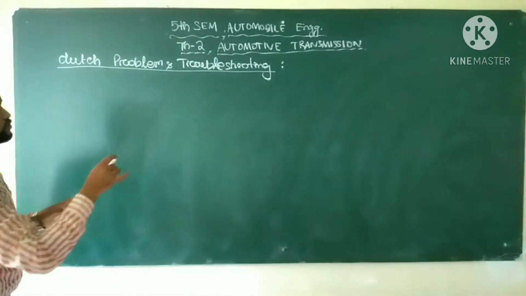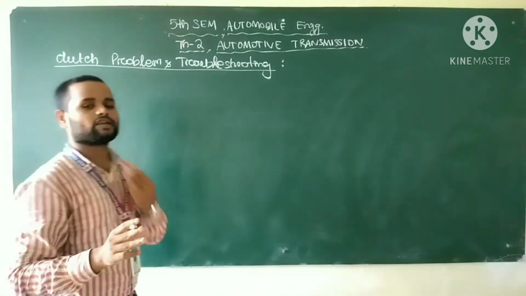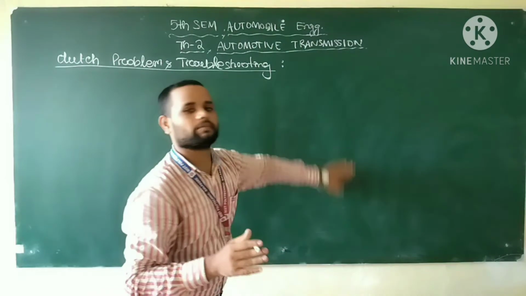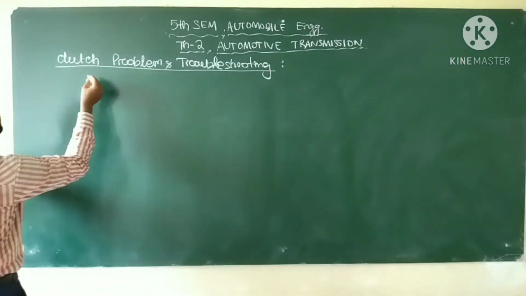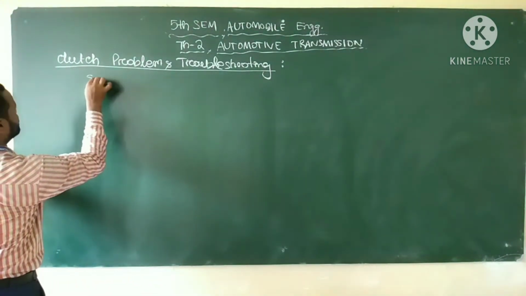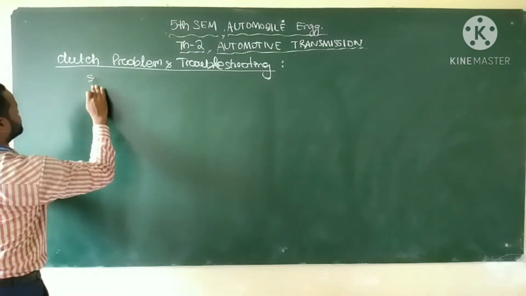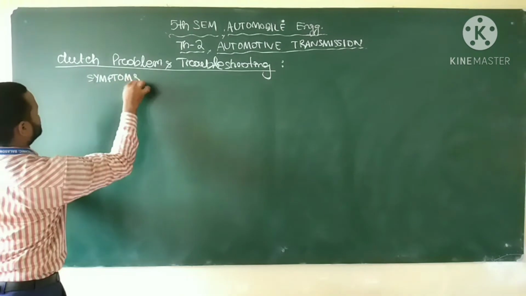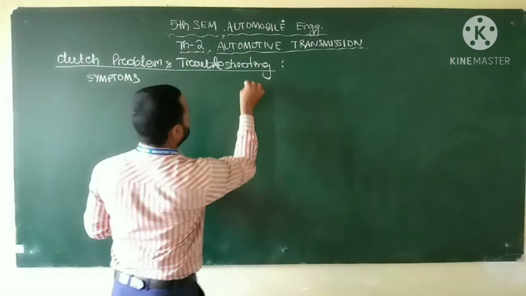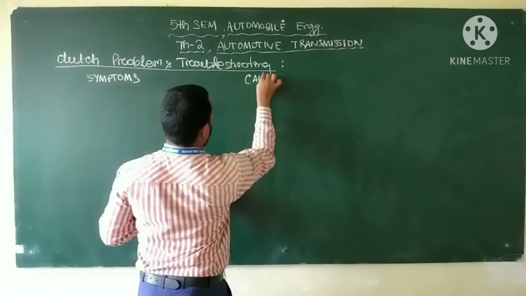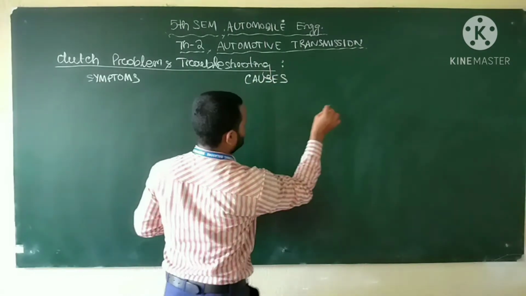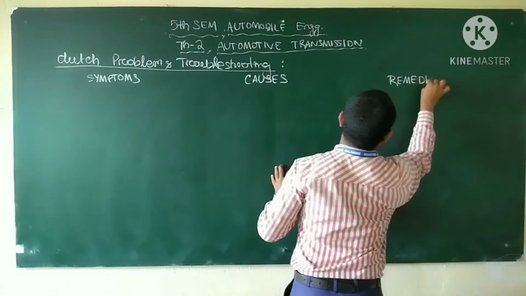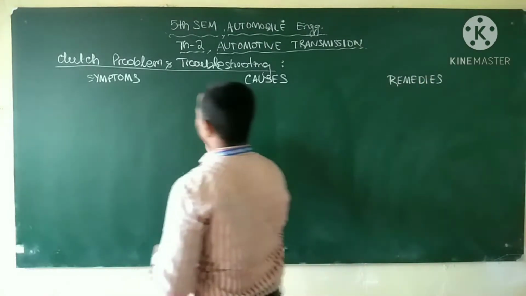So for that we have to make a table. There will be 3 columns: symptoms, causes and remedies. So make a table: symptoms, another one causes, another one remedies.